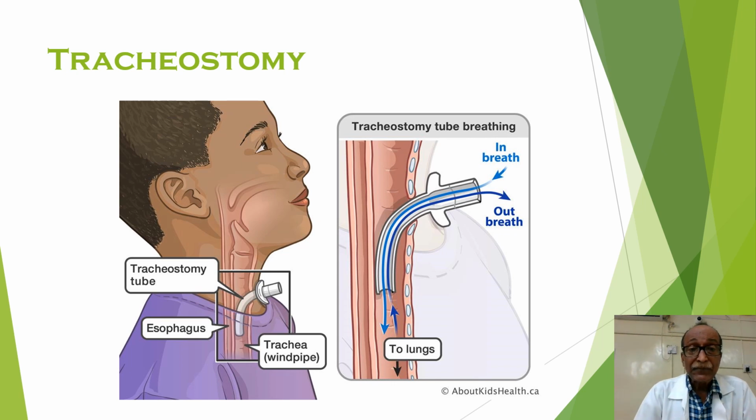Similarly, a patient of head and neck cancer who is tracheostomized normally will not revert back to closure of the tracheostome. There are conditions which can close the tracheostome and the patient can breathe normally.